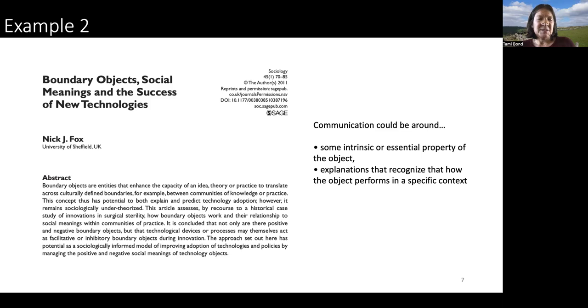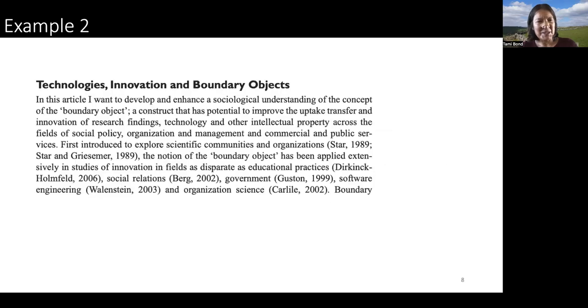And he went on to describe boundary objects and select some from his example that included surgical sterility and different kinds of objects used in the sterile environment. He further pointed out that the boundary object, since it was introduced, has been discussed in fields ranging from educational practice to organization science. And there are just a very wide range of definitions of boundary objects.